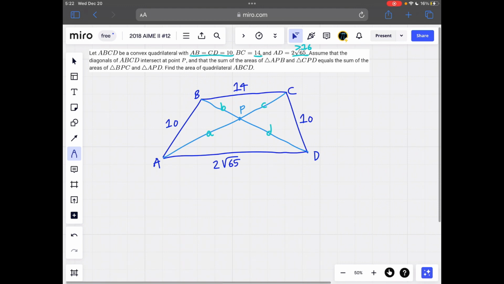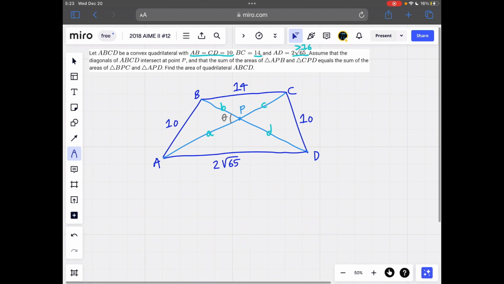So what does the area condition mean in terms of a, b, c, and d? We know that the sum of the areas of triangles APB and CPD equals the sum of the areas of BPC and APD. The area condition can be represented in terms of a, b, c, d, and the intersection angle theta, the acute angle formed by the diagonals of the quadrilateral. Let's call that theta.